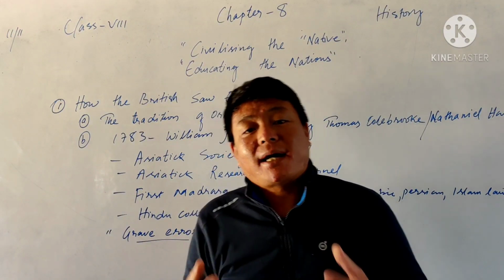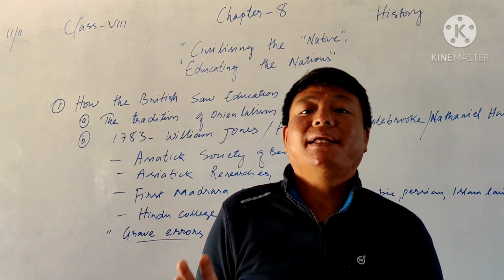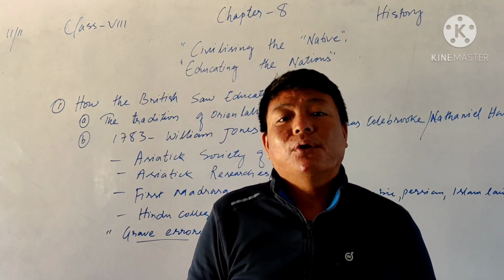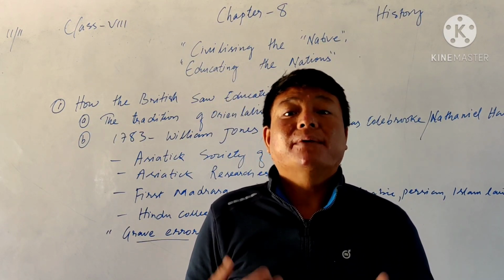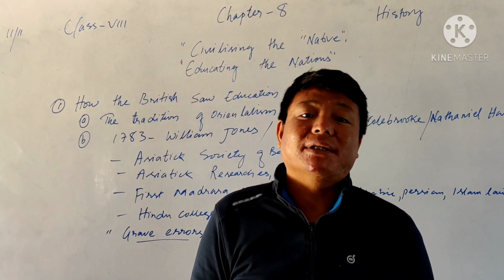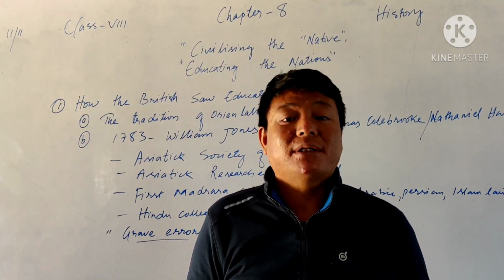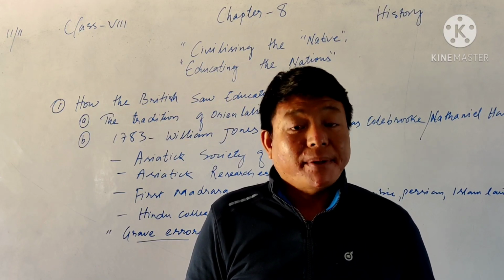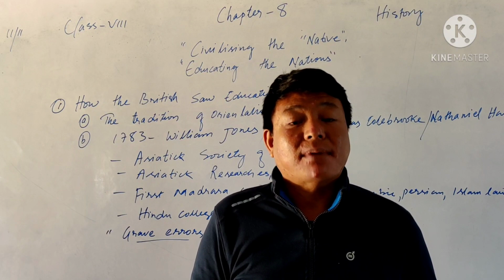But when William Jones came there, he tried to explore more Indian scripts, to know the ethics as well as the mythology of India. How the Indians are, or how they believe in the universe, how they believe in the ancient. Like you may have already heard about the Vedas, Rig Veda, Atharva Veda, Sama Veda.